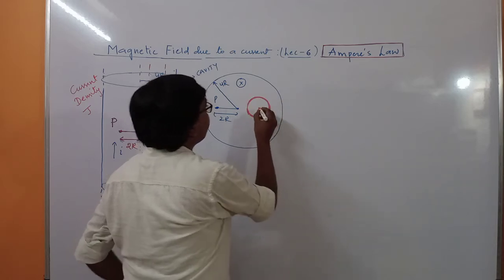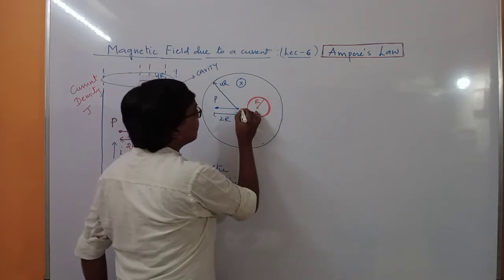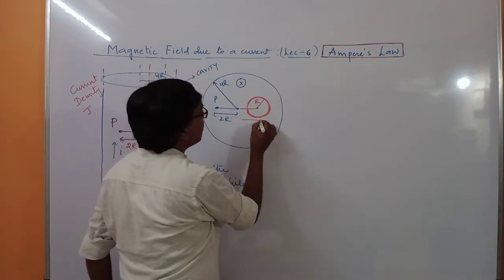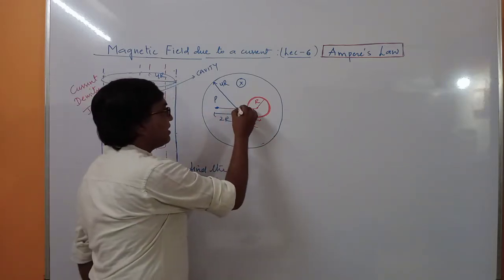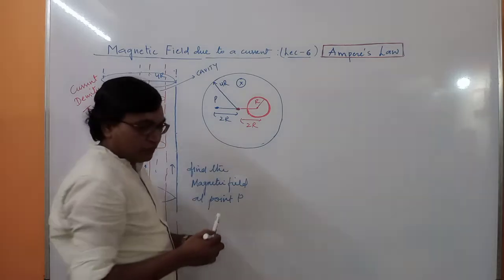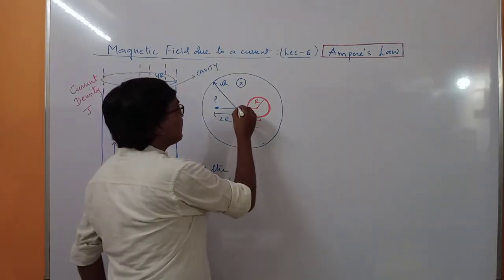This is a cavity whose radius is r and this distance is 2r. So this is center C.